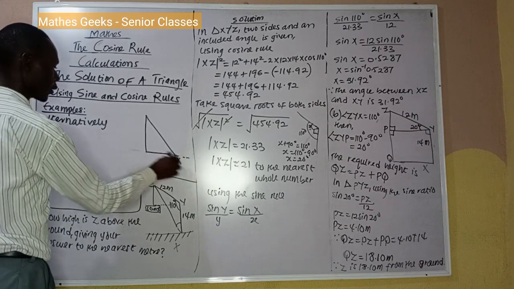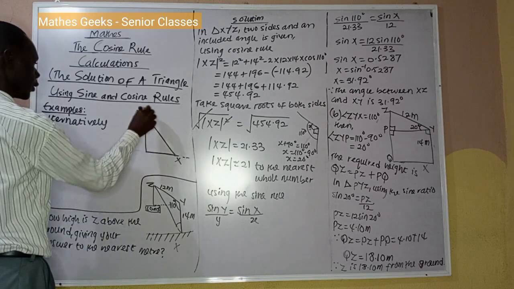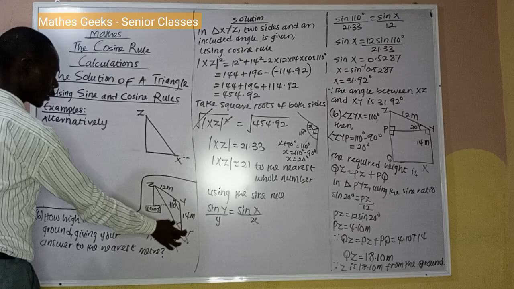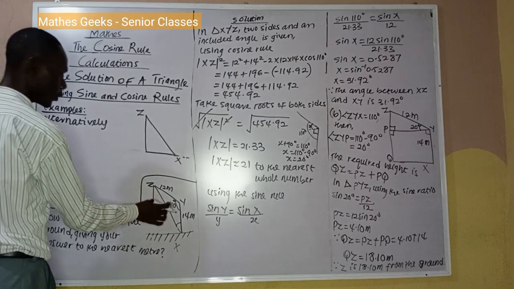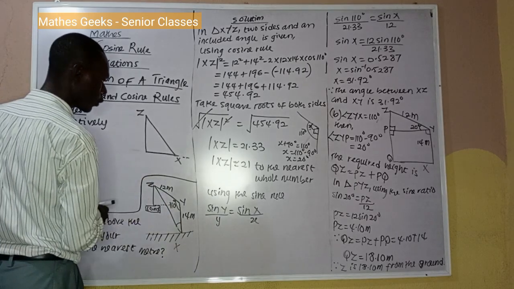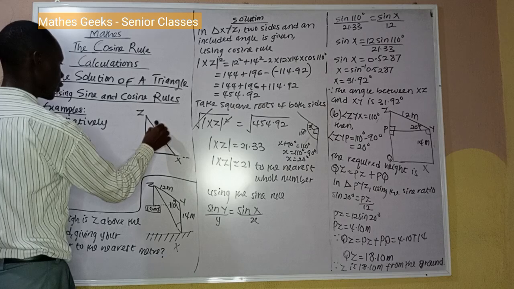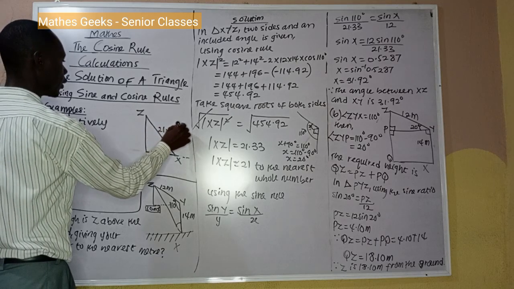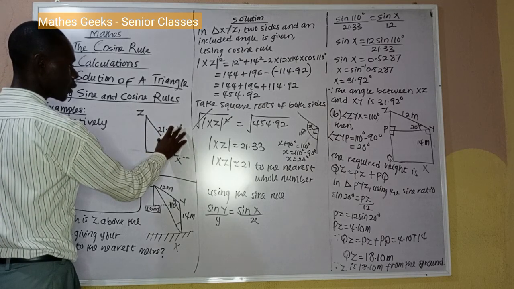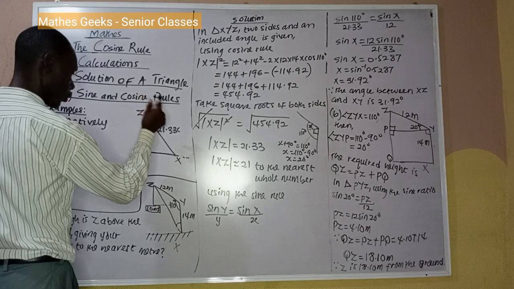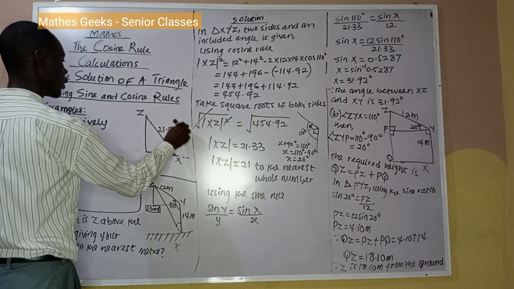So this is X, and this is Z. So XZ from our calculation is 21.33 meters.